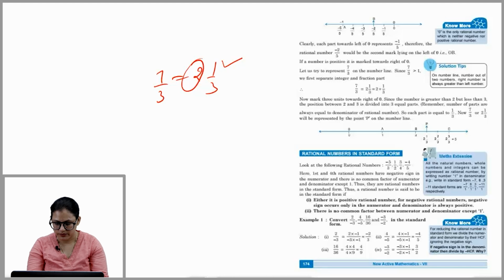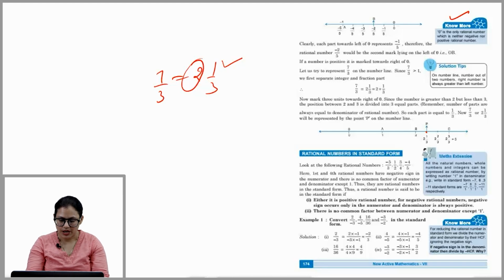Have a look. Remember, the number of parts is always equal to the denominator of the rational number. So each part is equal to 1 by 3. Now 7 by 3, or 2 whole 1 by 3, will be represented by this point P on the number line. Note that 0 is the only rational number which is neither negative nor positive.